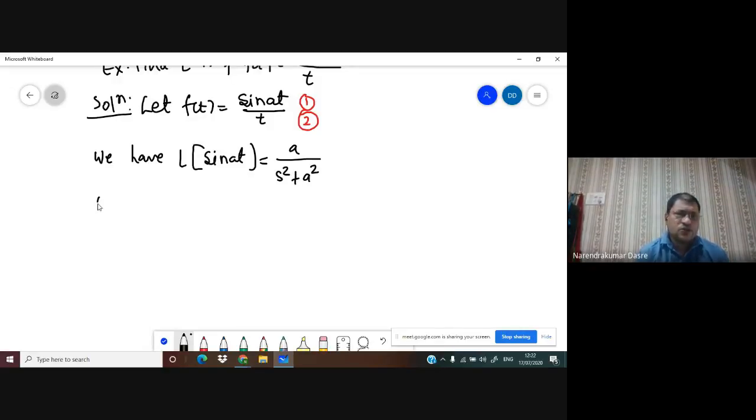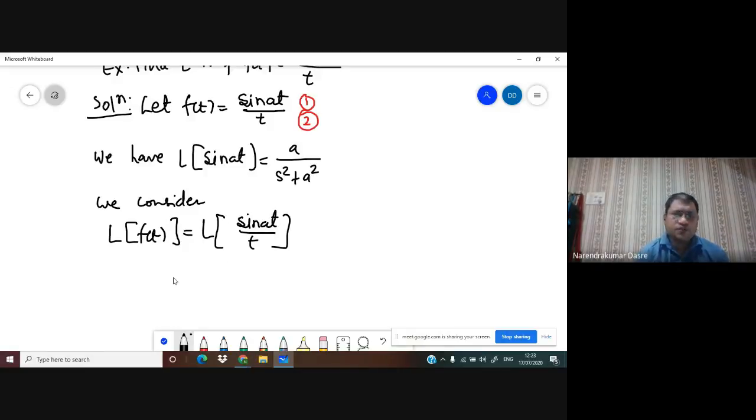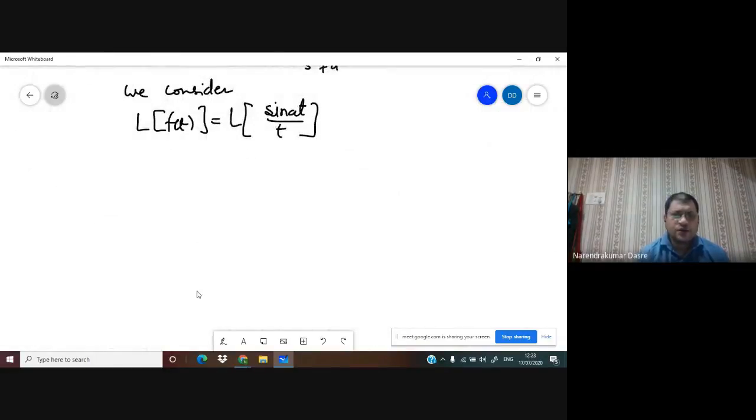Now we consider the Laplace transform of f of t, that is equal to the Laplace transform of sine of at upon t. Because of this property, division by t, we have the integral from s to infinity of the Laplace of sine at, so a upon s square plus a square ds.